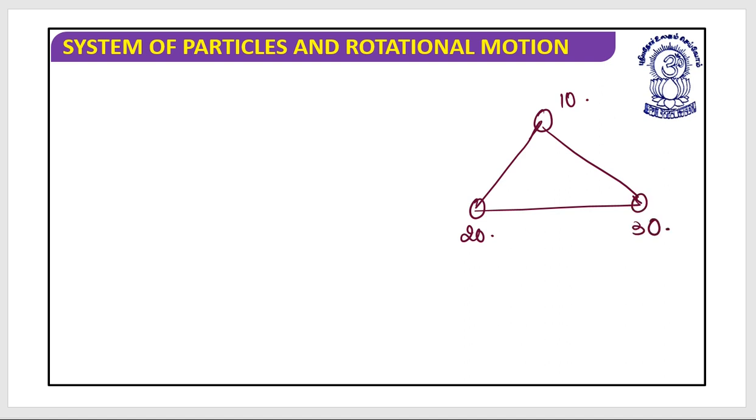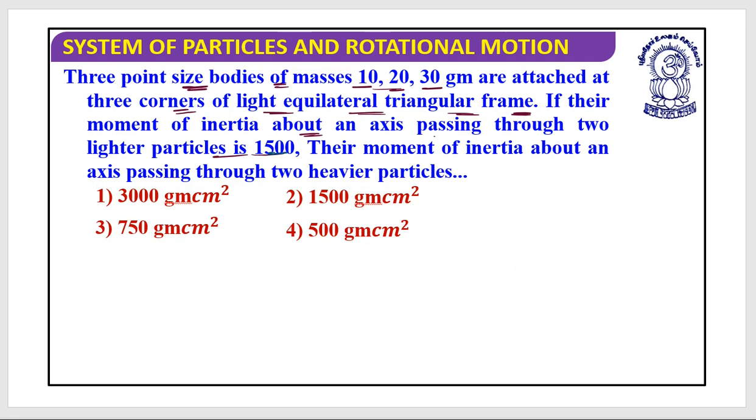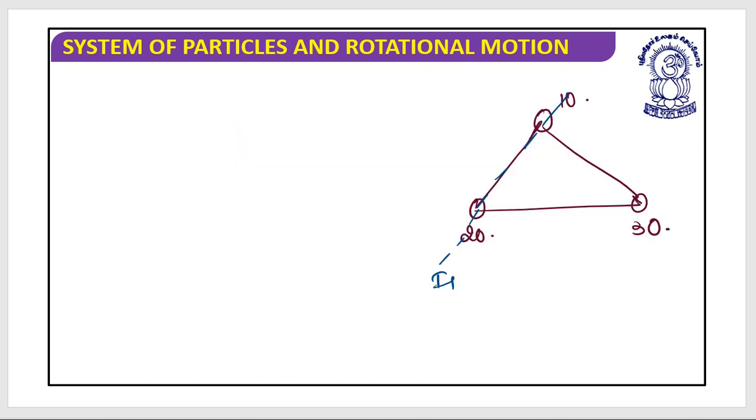Now they want the moment of inertia when it is rotated about an axis. This is I1, which they have given as 1500 about an axis passing through the two lighter particles. These two are the lighter particles. Then the moment of inertia about an axis passing through the heavier particles is I2.